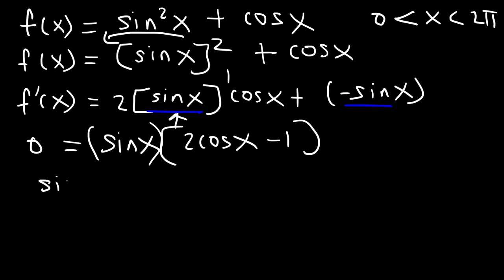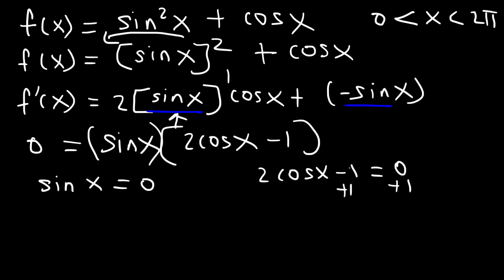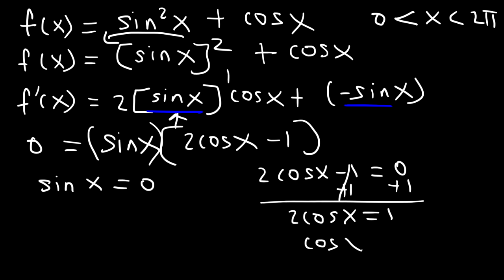Now we need to set each factor equal to 0. So on the right side, we need to add 1 to both sides. So we can see that 2 cosine x is equal to 1. And then if we divide both sides by 2, cosine x is 1/2.